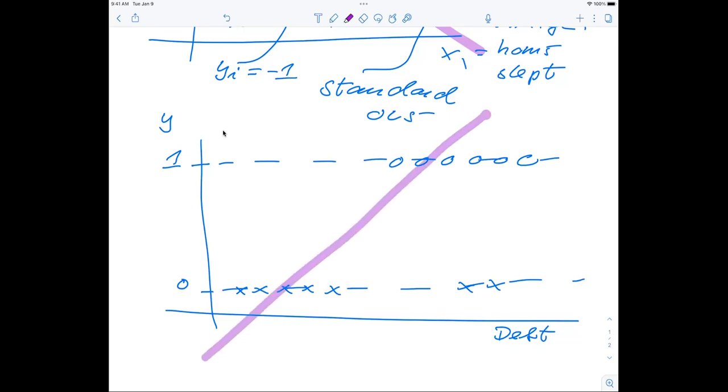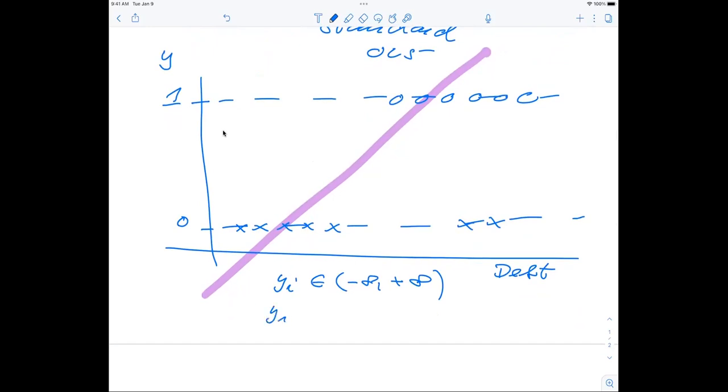Now, the problem in this case is that this line fits actually a function where y of i goes from minus infinity to plus infinity. What we want, however, is that y of i is now either 1 or 0.